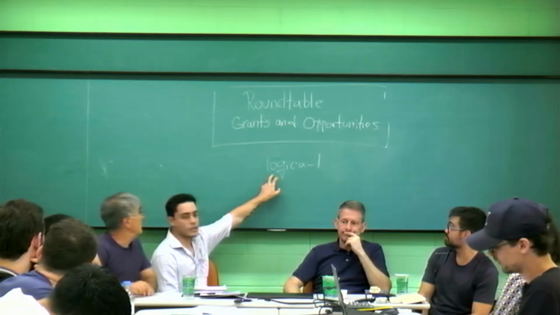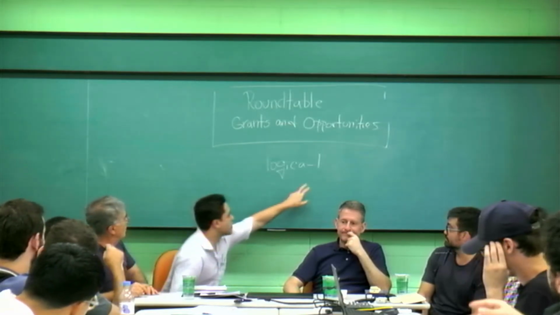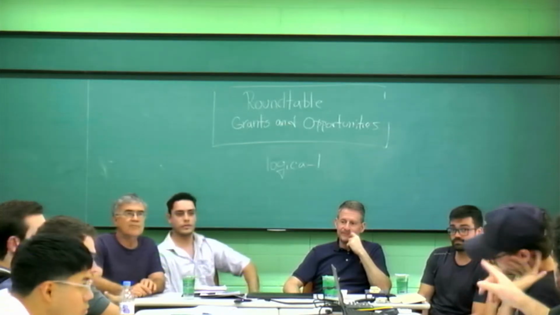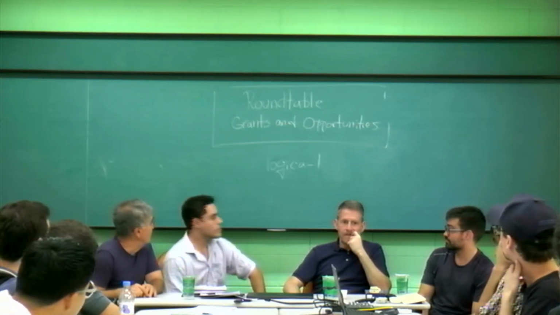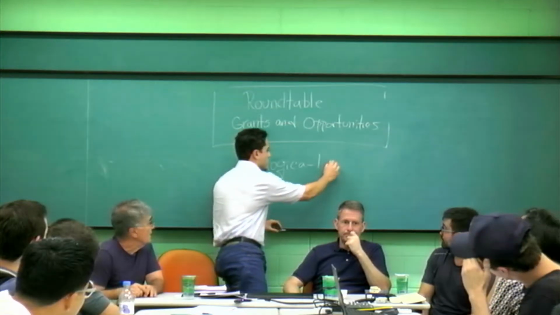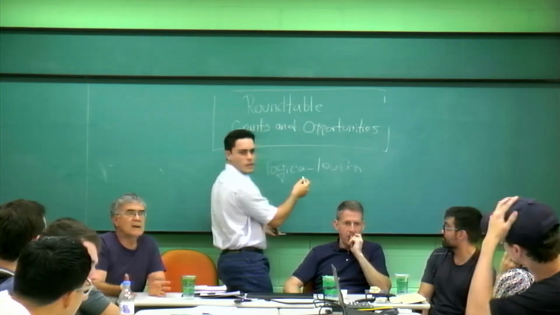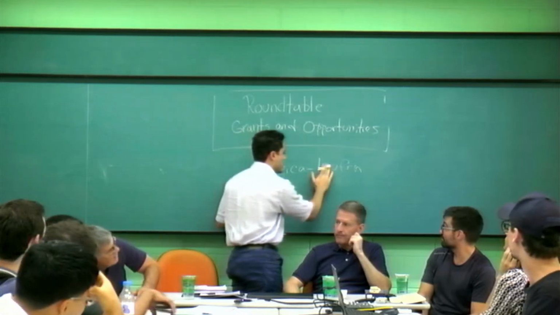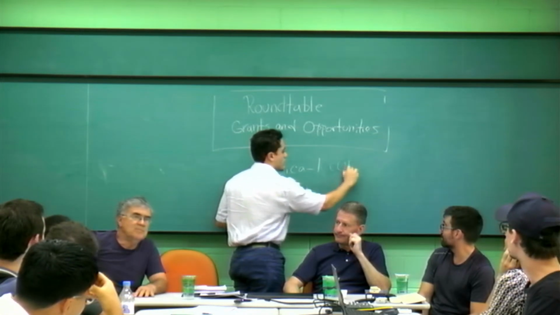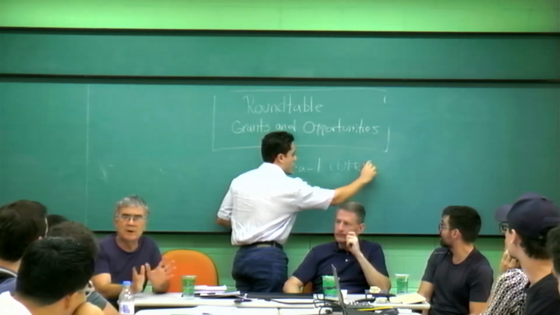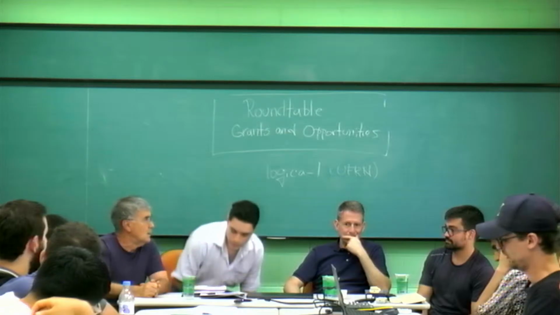It's a Google Group, Logic dash L. This is a list of Brazilian logicians organized by my ex-student Joe Marcos, who is very well organized, and they usually receive many advertisements from all over the world for grants and other opportunities.